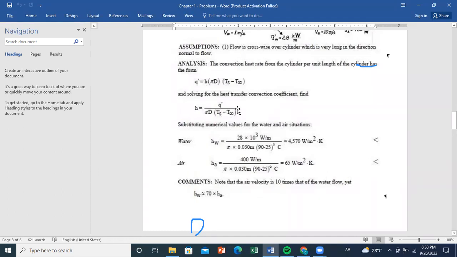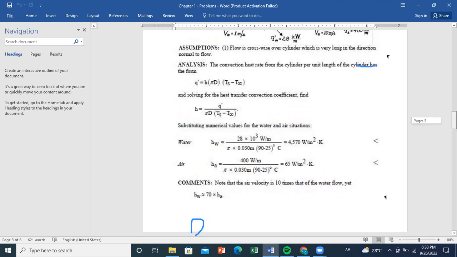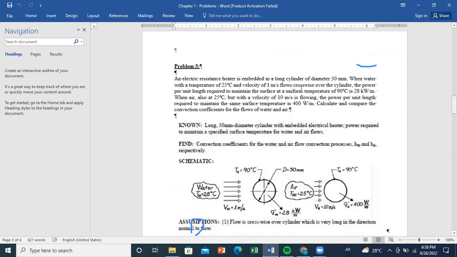And it is expected to have a much higher convective coefficient for water, because the power needed to maintain the temperature in this case is much larger than the case of air. Since heat lost by convection with water is larger than heat lost by convection with air, we need a much larger power to maintain a constant temperature when water is used.